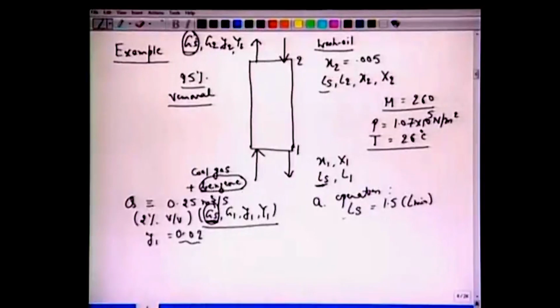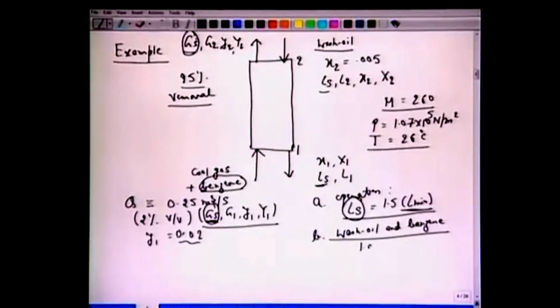All right, so from here we should be able to calculate actual Ls. So first, before that, we have to find out the minimum amount L min required. Okay, and B, it says that wash oil and benzene, this system behaves as an ideal mixture.